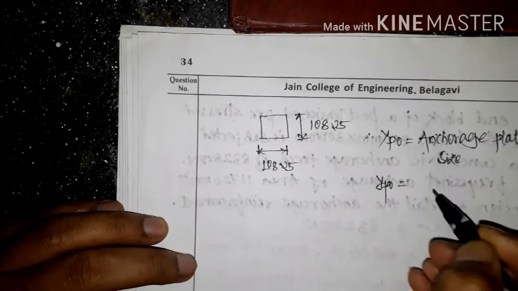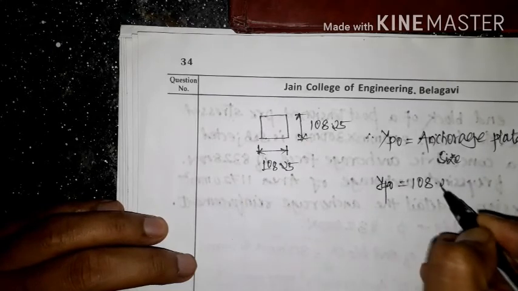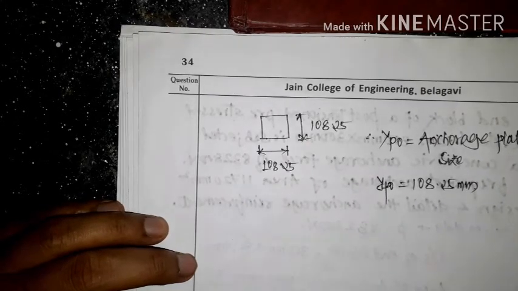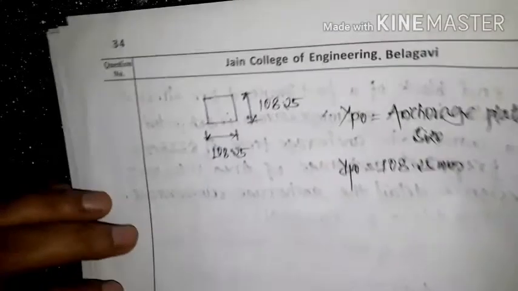So Yp naught is equal to the anchorage plate size, 108.25 mm. Understood? So we got Yp naught.